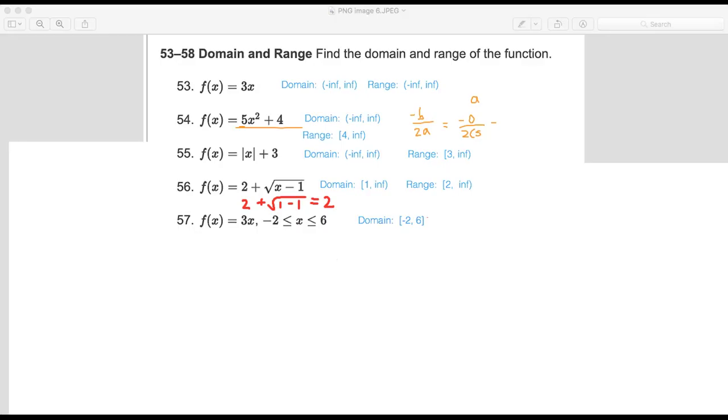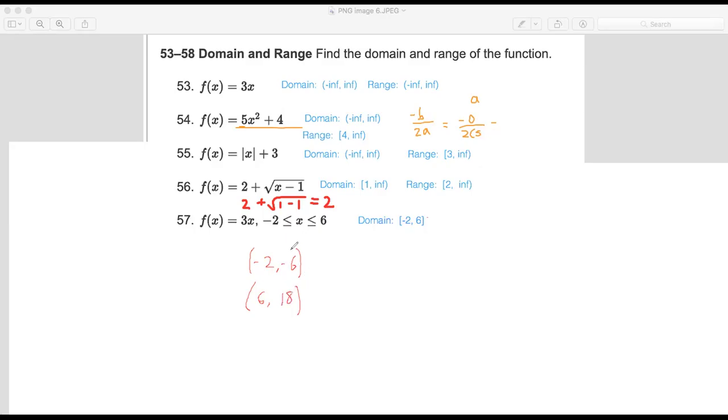So this is almost like the other page. Make points here, -2 and 6. So if I plug in a -2 into this, I'm going to get a -6. If I plug in a 6, I'm going to get 18.